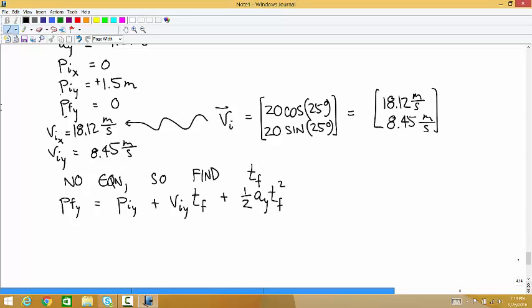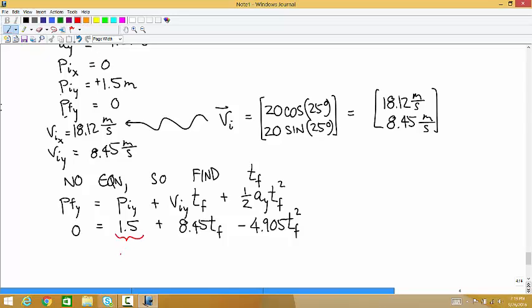And that says 0 is equal to 1.5. I'm going to stop putting the units in the calculations now, and you can do that too. Viy is 8.45 times TF. AY is negative 9.81, so this is minus 4.905 TF squared.